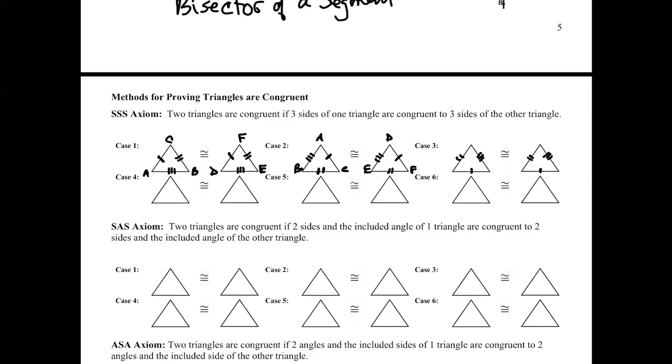So it's like, okay, I'm going to start off with the smallest being congruent to the smallest, middle being congruent to the middle, largest being congruent to the largest, and then work my way around that way.